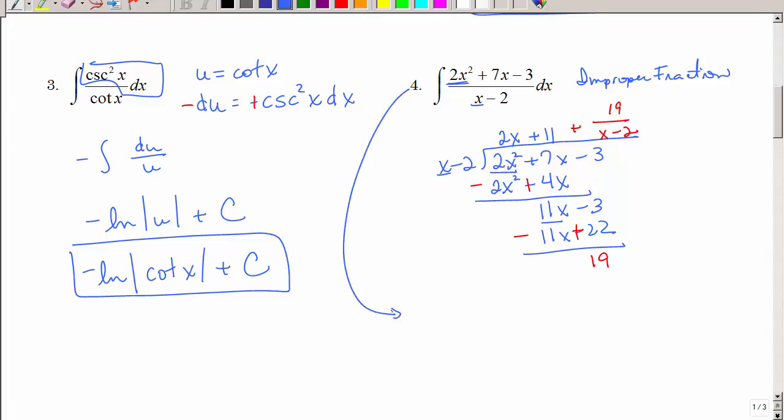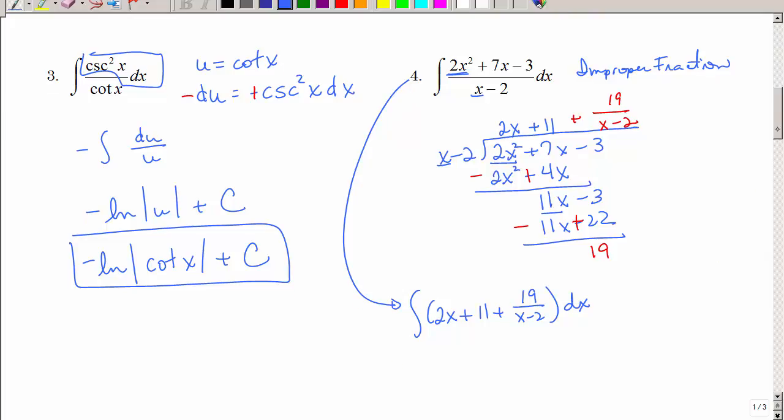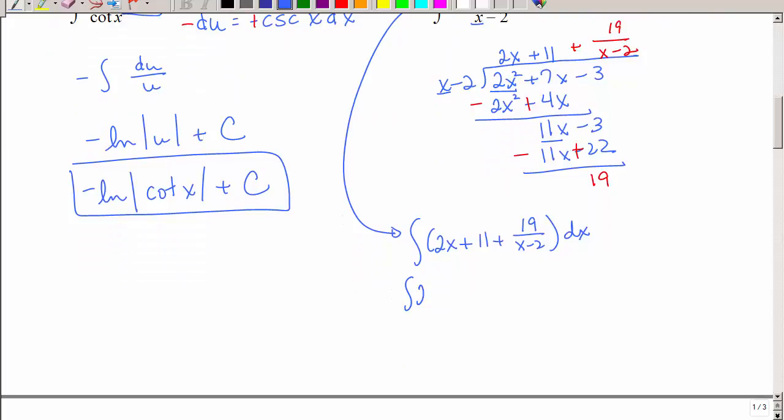So this integral now becomes the integral of 2x plus 11 plus 19 over x minus 2 dx. So I could rewrite that as really 3 separate integrals. I could integrate 2x dx, which is easy, the integral of 11 dx, and then I have the integral of 19 over x minus 2.